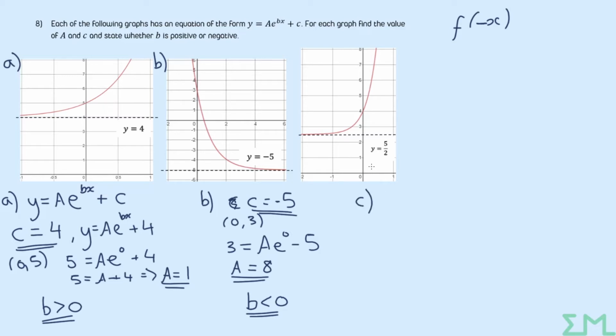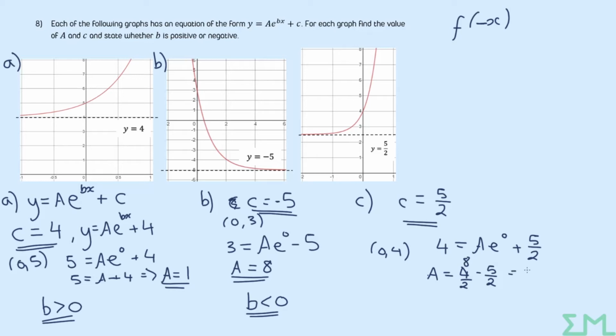Good. Okay, part C. So again, c must be 5 over 2, and we have a point 0, 4, so we'll substitute this in. 4 equals a e to the 0 plus 5 over 2, so a therefore is going to be 4 minus 5 over 2, so that's 8 over 2 minus 5 over 2, which is 3 over 2.